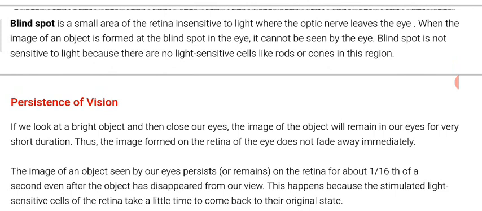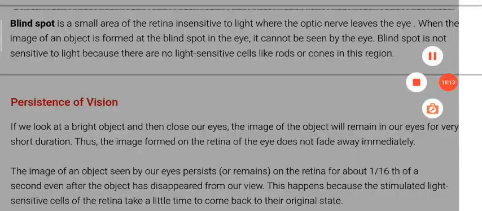When the image of an object is formed at the blind spot, it cannot be seen by the eye, because there are no light sensitive cells like rods or cones in this region.